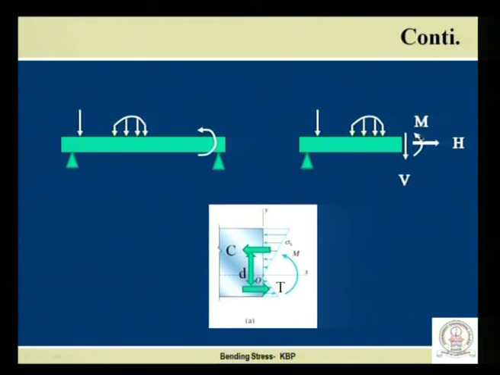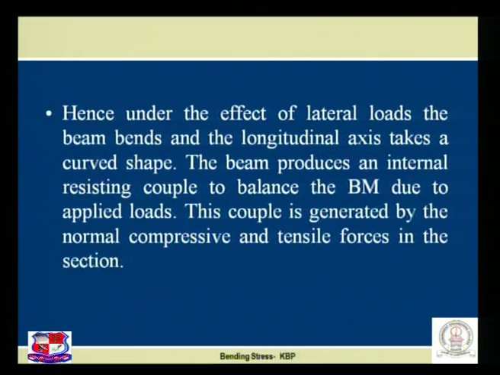Now, this bending moment generates compressive forces at a section on the top layer, while tensile forces at the bottom layer. These generate stresses, and these stresses are known as bending stresses.